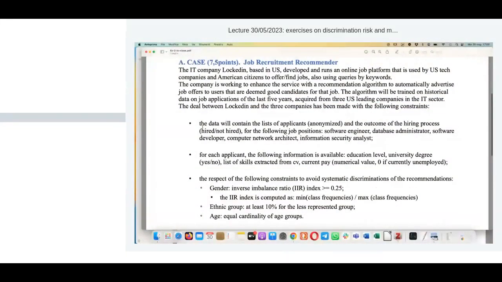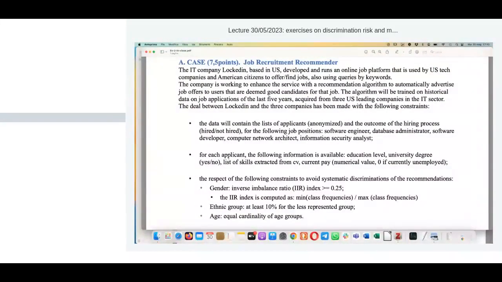First, the data will contain the list of applicants, anonymized, and the outcome of the hiring process, hired or not hired. This is the target variable. This is for the following job positions: software engineer, database administrator, software developer, computer network architect, information security analyst. So only for these professions there will be data.